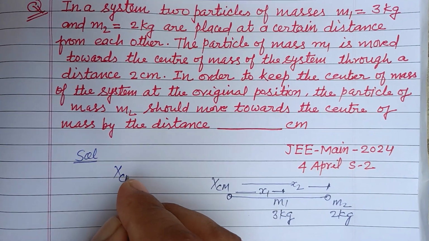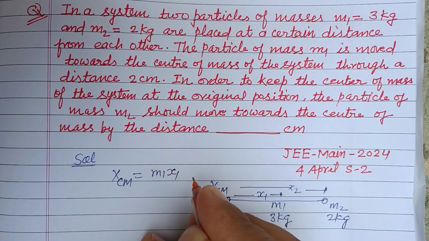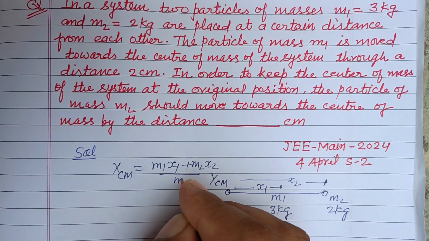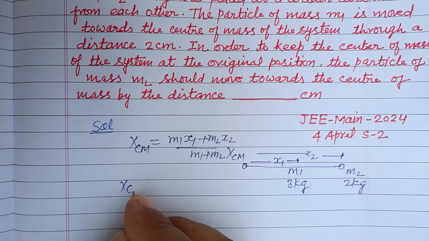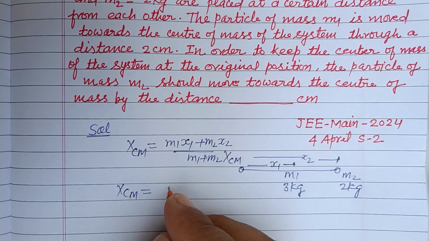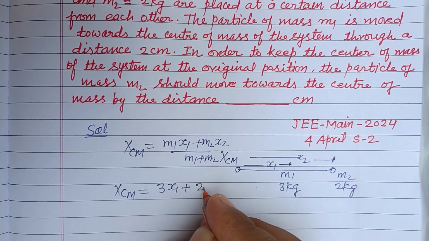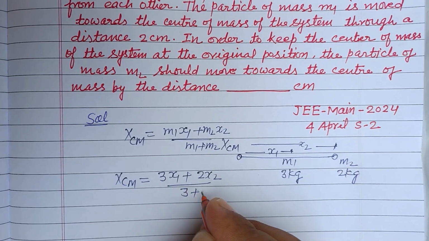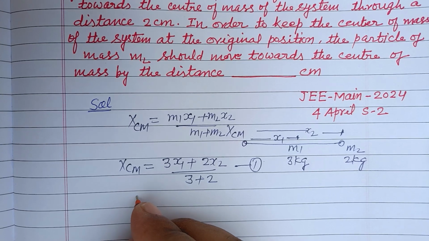So the position of center of mass xcm equals m1 x1 plus m2 x2 over m1 plus m2, and this will be xcm equals 3 x1 plus 2 x2 over 3 plus 2. Okay, this is our first equation.